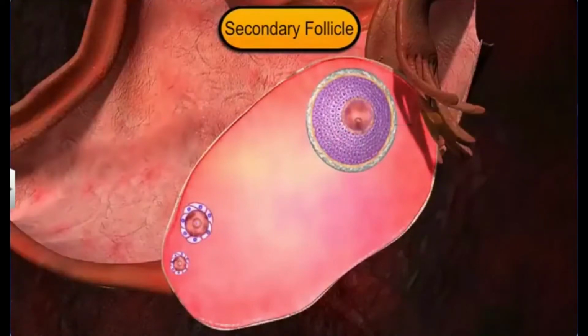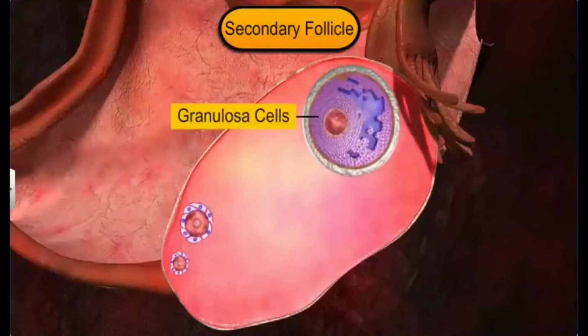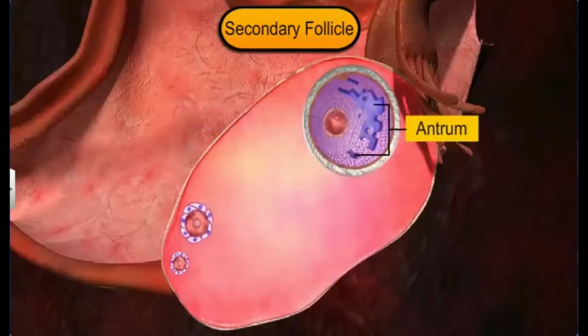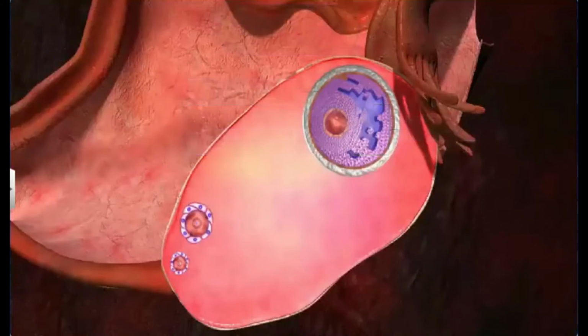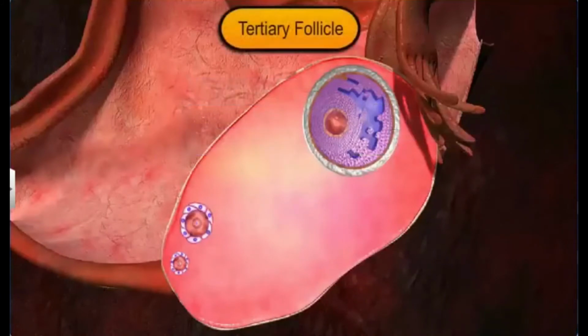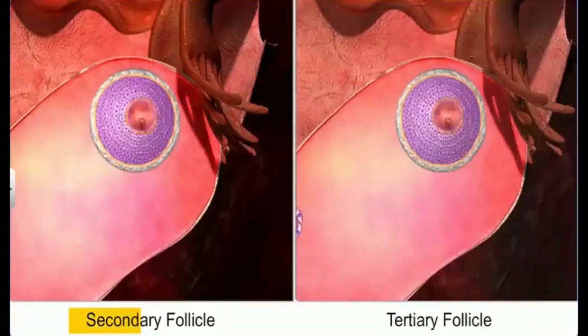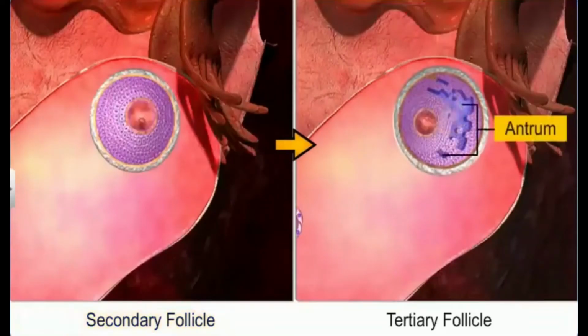Moreover, the theca becomes evident and gets organized into 2 layers, the theca interna and the theca externa. This structure is now called the tertiary follicle, as the secondary follicle transforms itself into a tertiary follicle.